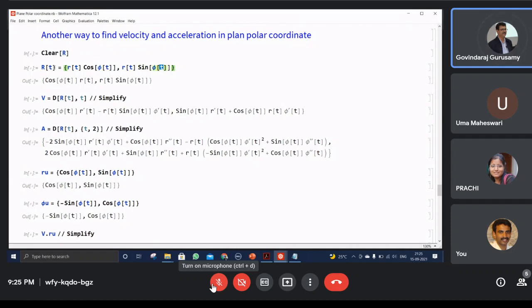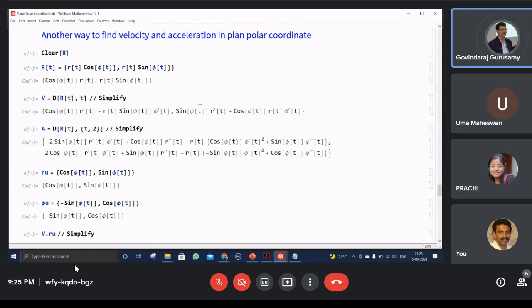Now this is the position vector. You write it in components like this. In polar coordinates, we have only r cap and theta cap. Now you take the position vector here and take a derivative with respect to t. When I do that, you can see r prime of t will be there with the cos, then this will be retained, the derivative has been taken, and we have phi prime of t.